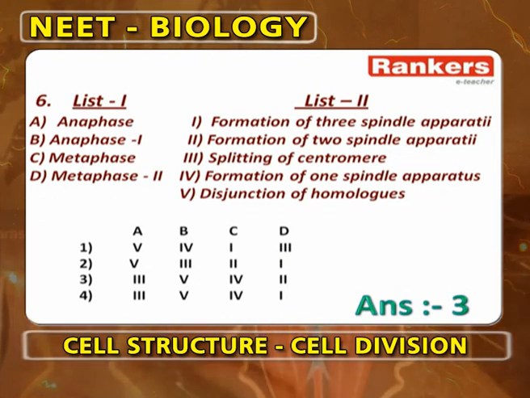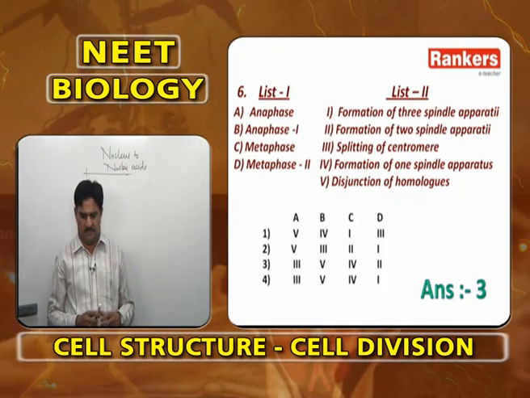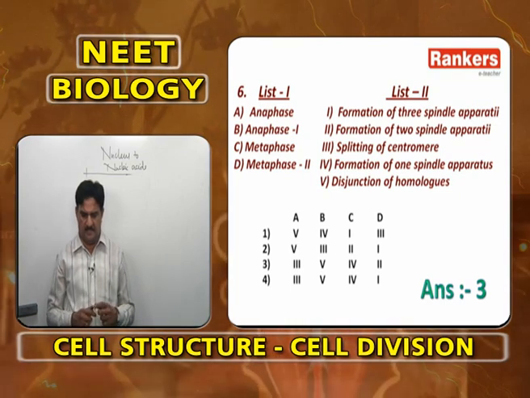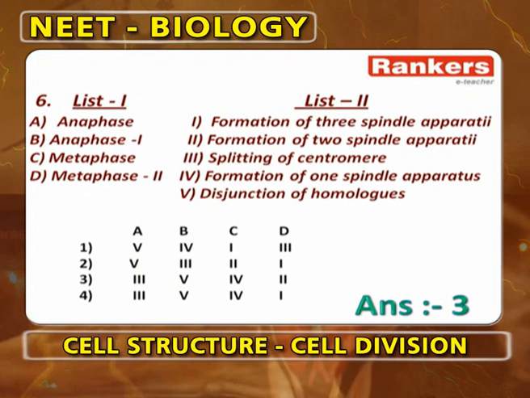So the answer is 3: A3, B5, C4, D2. This is regarding both mitosis and meiosis.